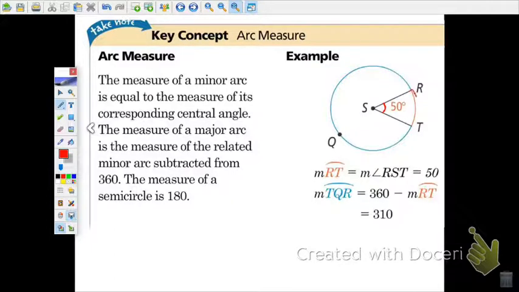The measure of its minor arc is also 50 degrees. So what would be the measure of the blue major arc? 310. We take 360 minus the 50. So the blue major arc is 310.